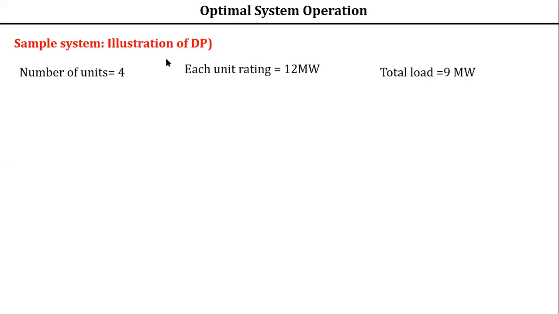Each unit is 12 megawatt, so what is the total load all the 4 units can meet? There are 4 units, 4 into 12, that is 48 megawatt. So these 4 units can meet a load of 48 megawatt.